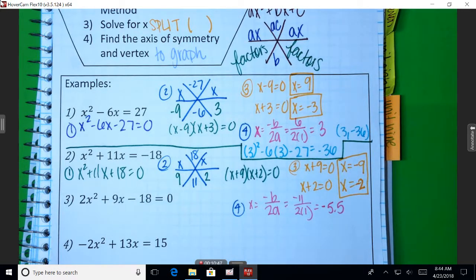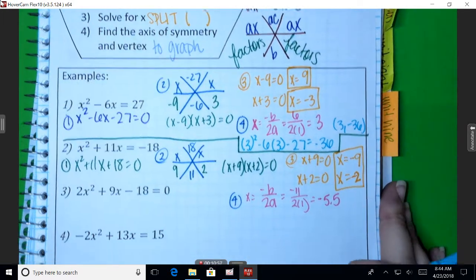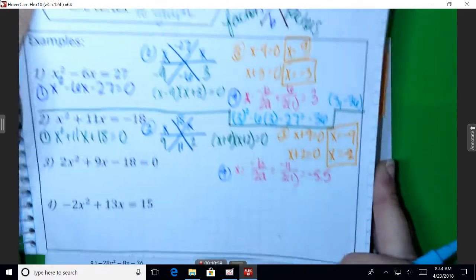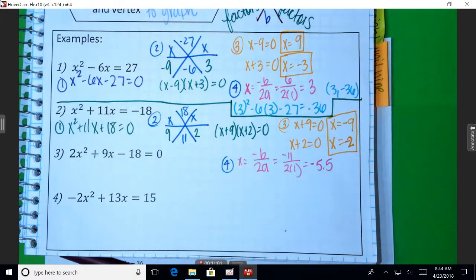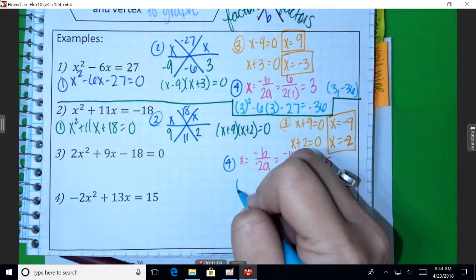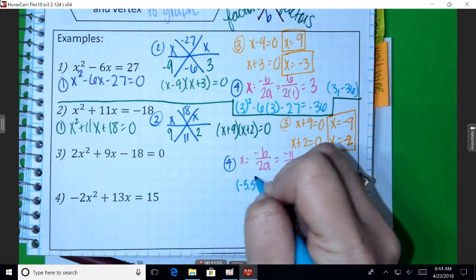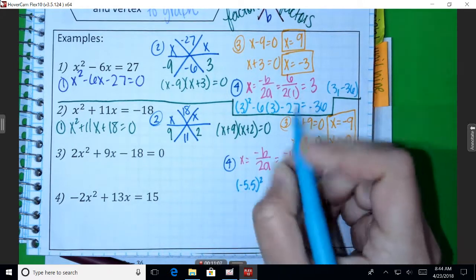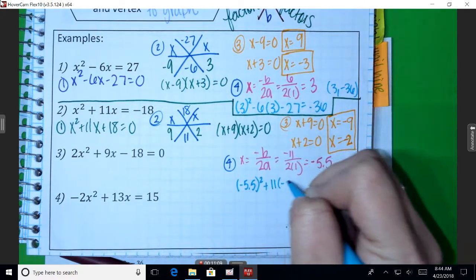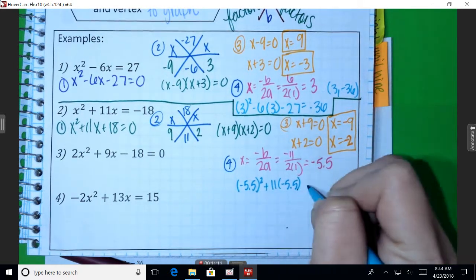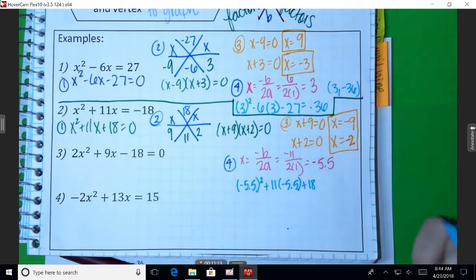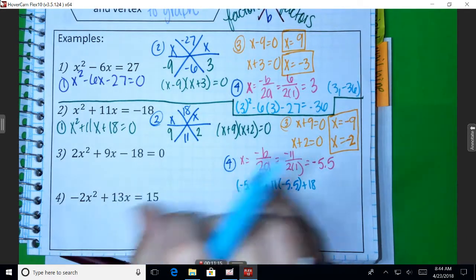And then what else do I need to find? The vertex. And how do I find my vertex? Plug everything back in. All right, plug that in.